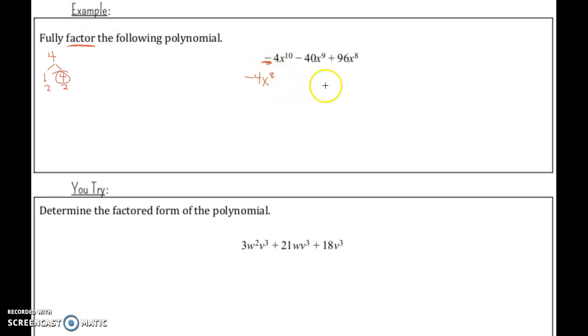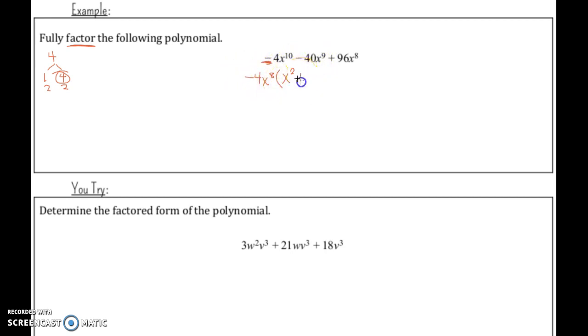And now I'm going to write what's left by dividing each term by the GCF. So I have negative 4 divided by negative 4 to give me a positive 1. I can write that or not write that. It's up to you. Then I have 10 x's and I'm taking away 8, so I have 2 x's left. Then I have negative 40 divided by negative 4.